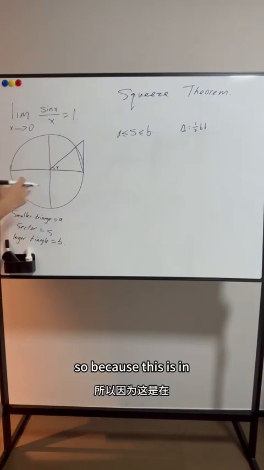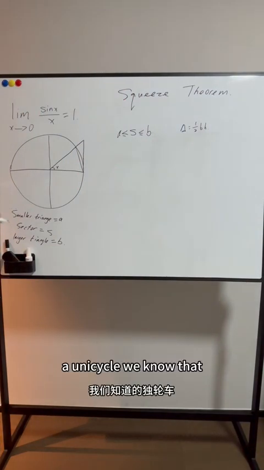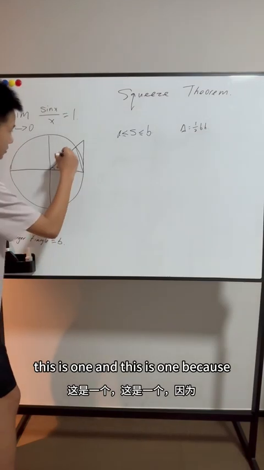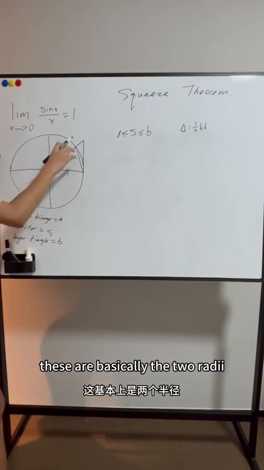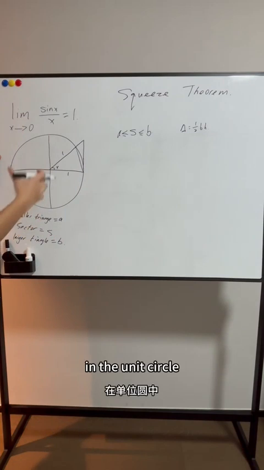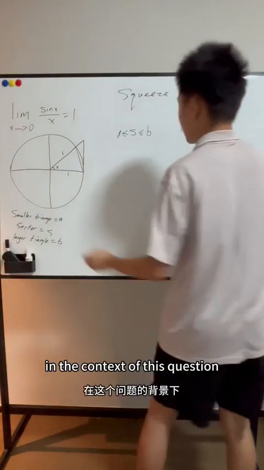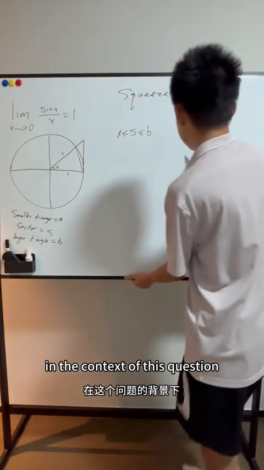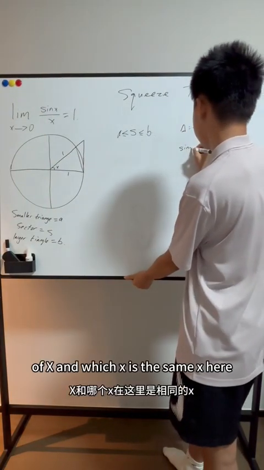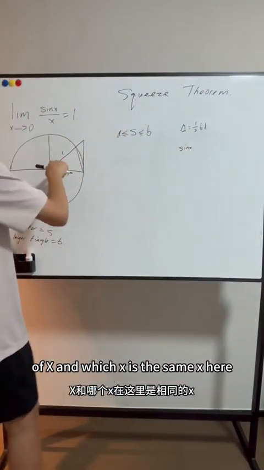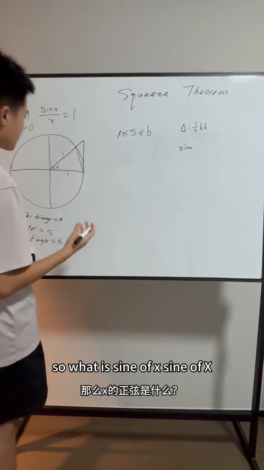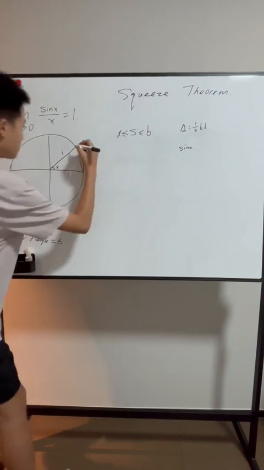Because this is in a unit circle, we know that this is 1 and this is 1, because these are basically the two radii of the unit circle. And in the context of this question, let's say we have sine of x, in which x is the same x here. So what is sine of x?